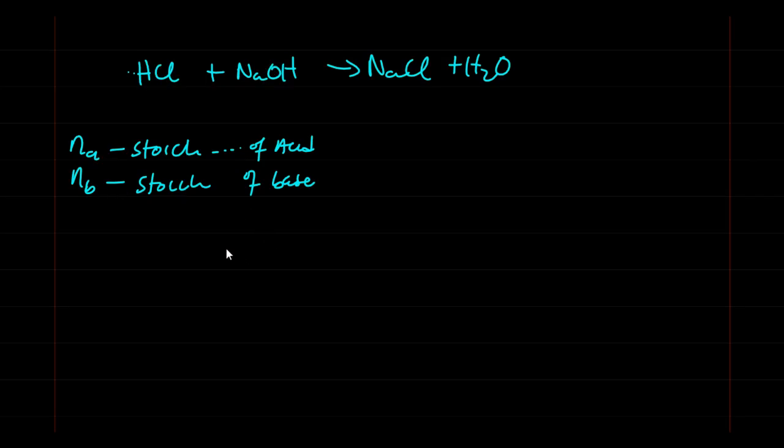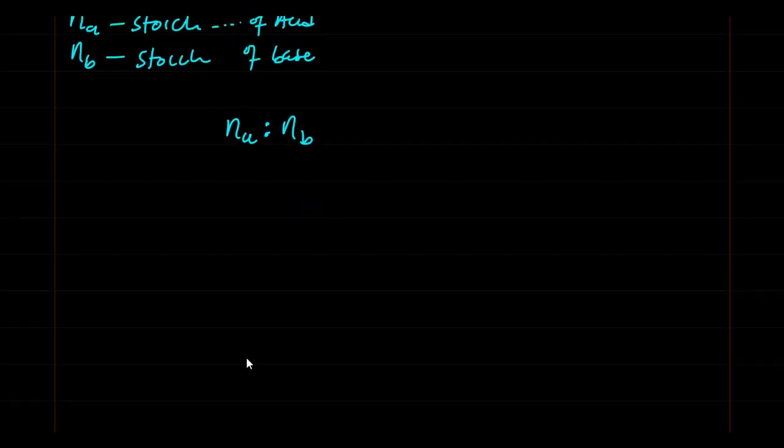Meaning that my relationship is Na is to Nb, isn't it? Because it's Na is to Nb, a ratio, it is the same as a division: Na over Nb.